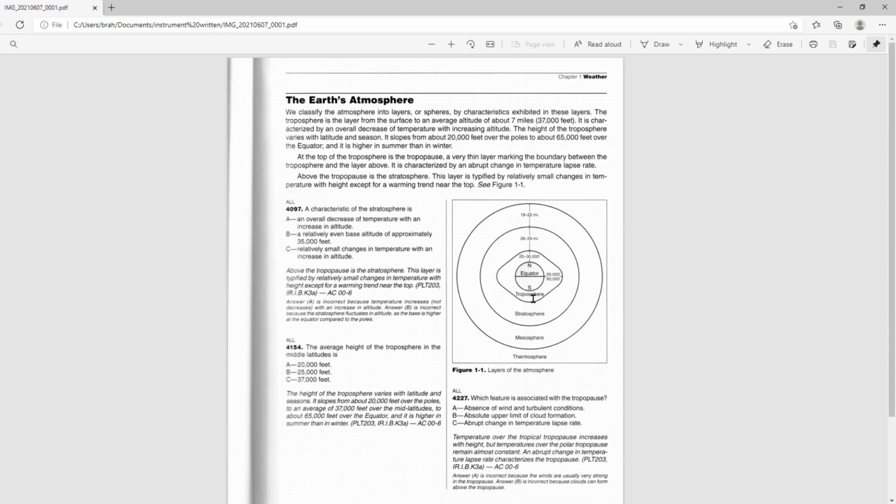So a good way to understand why that is, is to think about what is contained in this troposphere. Again, we said the two characteristics of the troposphere are, one, that as you climb up, you run out of oxygen, and the other being that as you climb up, it gets colder.